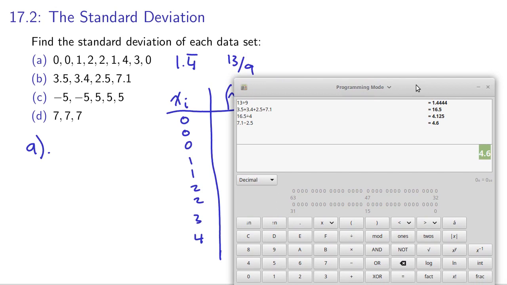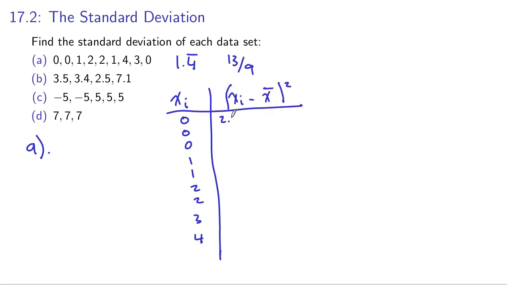So we have 0 minus 13/9 squared. Okay, we're just going to get an approximate answer here, 2.0864. And there's 3 of those, so we'll just write that down here.